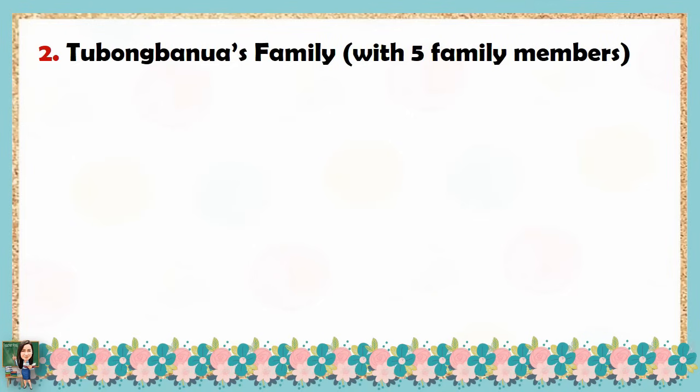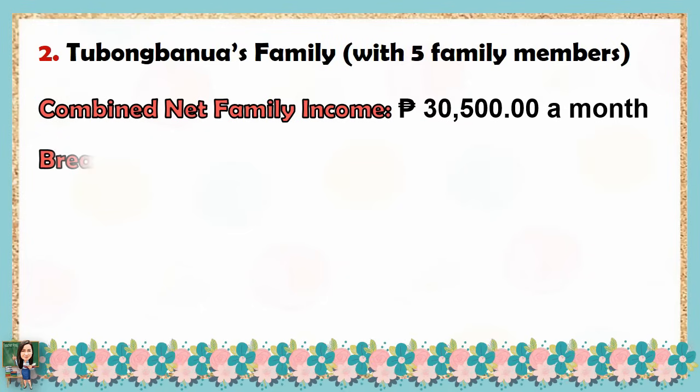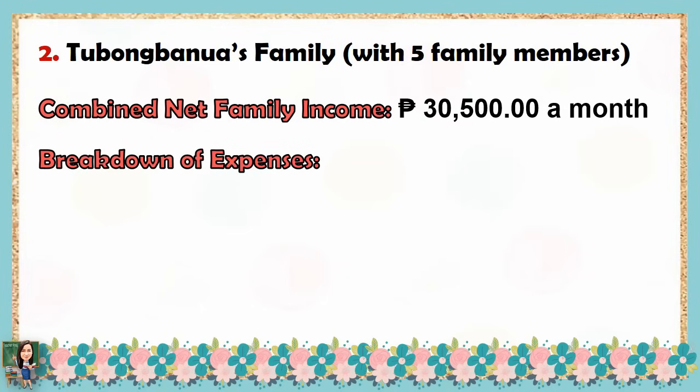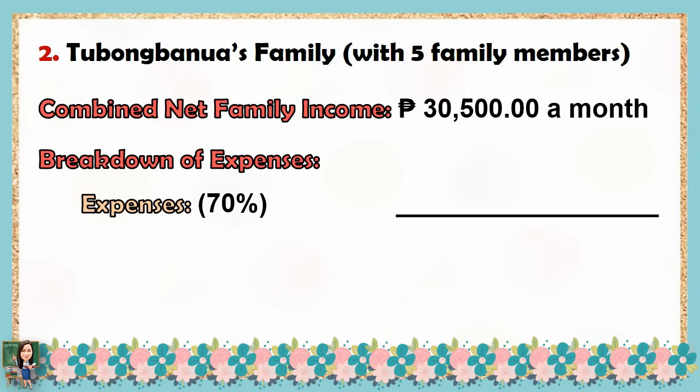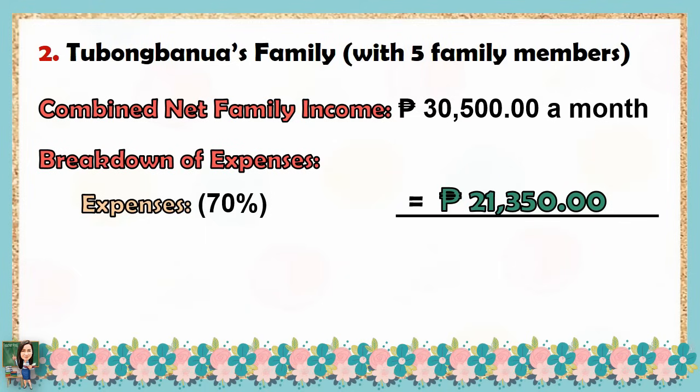Number 2. Tubong Banwa's family with 5 family members. The combined net family income is 30,500 pesos a month. And their breakdown of expenses. Expenses, 70%. 70% of 30,500 pesos is 21,350 pesos.